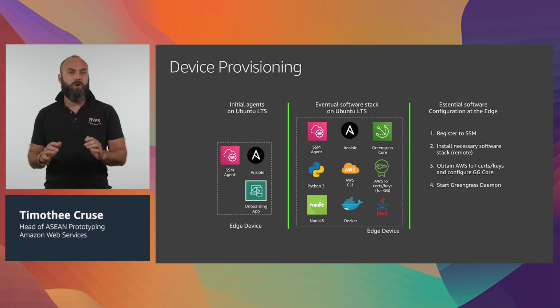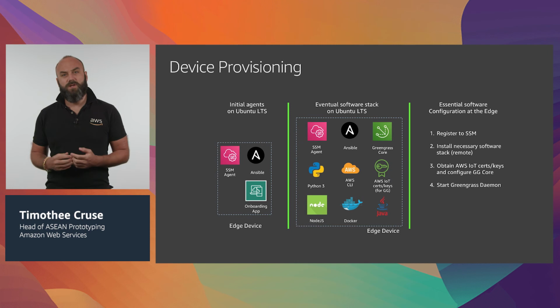That's all. Remotely, with the device management and SSM capabilities, you can now install the different dependencies on your device, whether it's a specific version of the Greengrass core software, or the AWS CLI to interact with different AWS services, or Docker so that Greengrass can orchestrate and deploy your containers on the edge device. Your Lambda functions will be in either Node or Python.